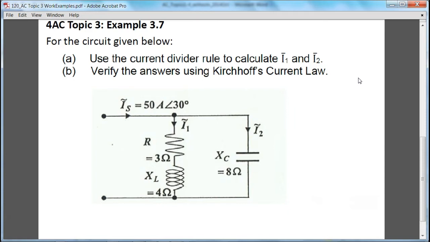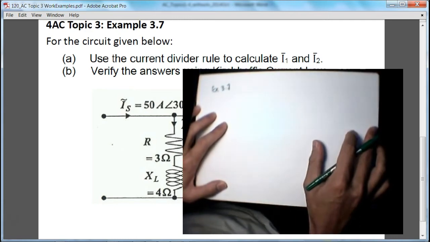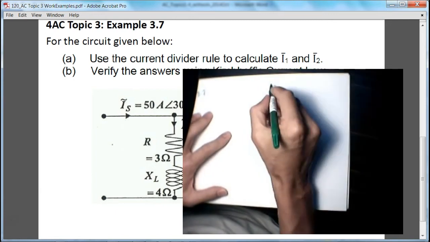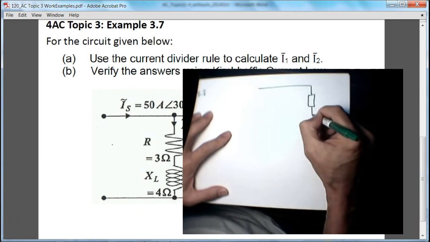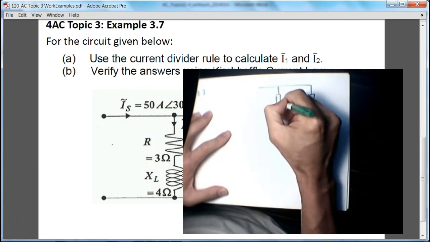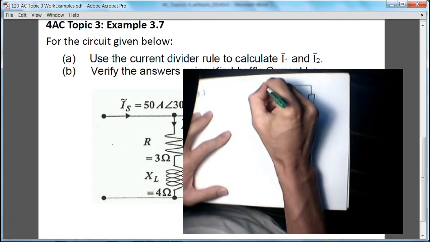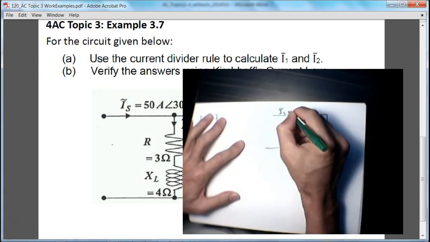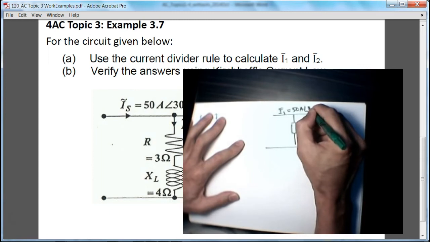We'll start by writing down the values that have been provided. Circuit current IS is 50 amps with an angle of 30 degrees.